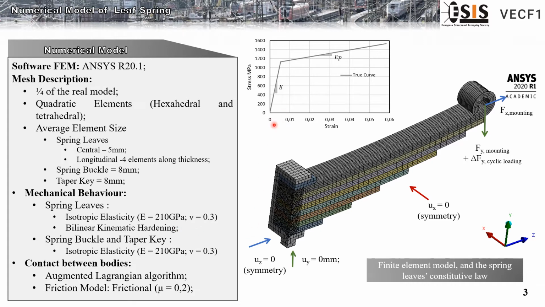About mechanical behavior, the spring leaves were modeled as isotropic elasticity, and their plasticity was modeled by a bilinear kinematic hardening model. While for the spring buckle and taper key, isotropic elasticity was only considered. About contact, we considered the frictional model with a friction coefficient equal to 0.2.